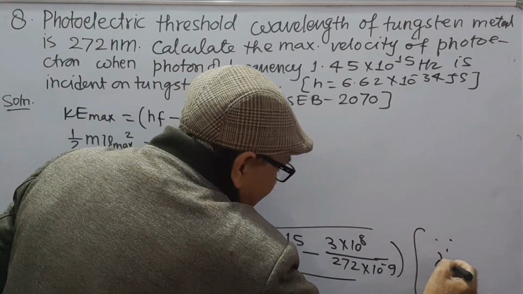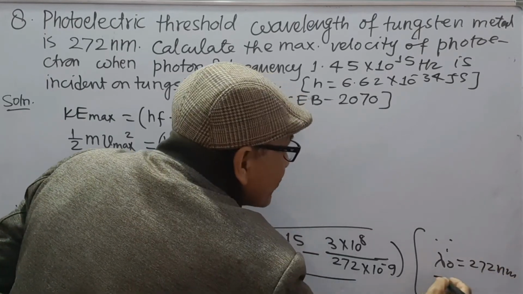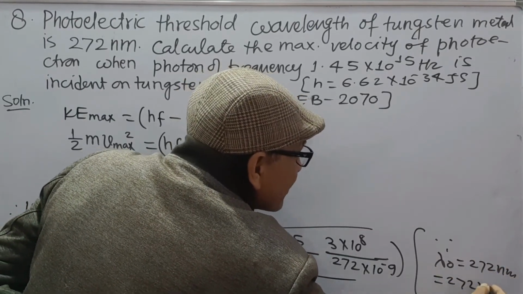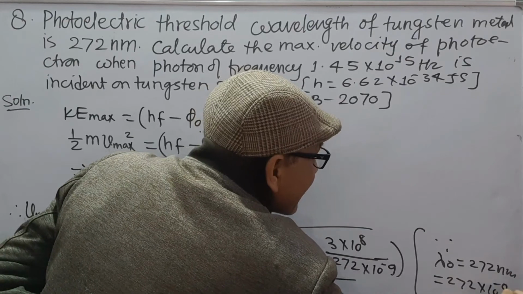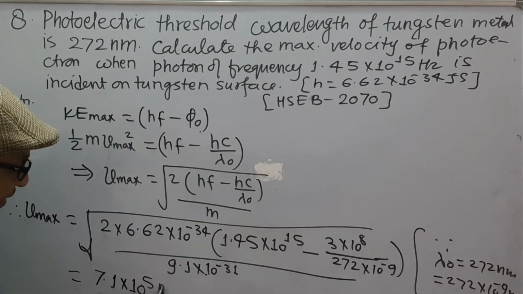On simplification we get the velocity as 7.1 into 10 to the power 5 meter per second.